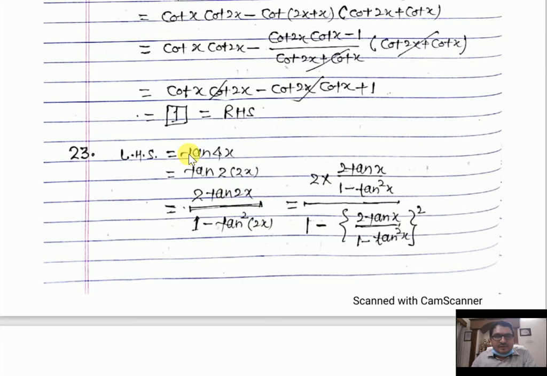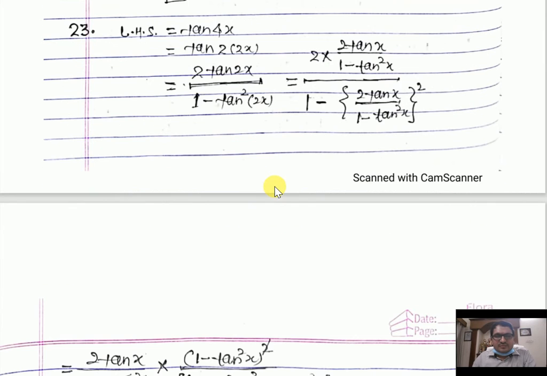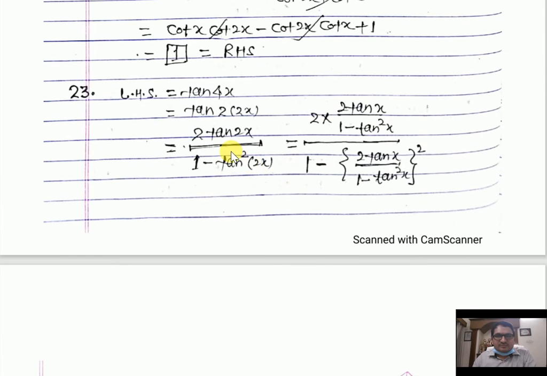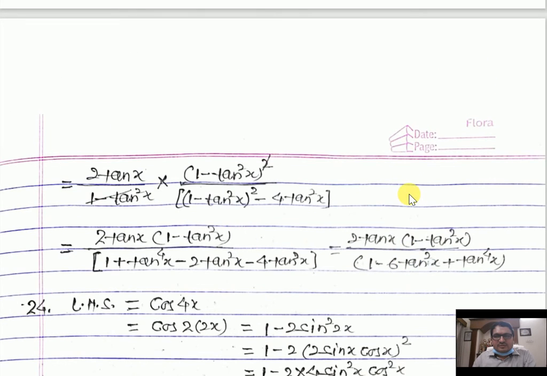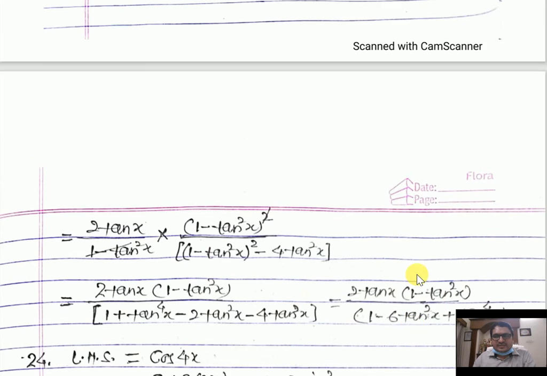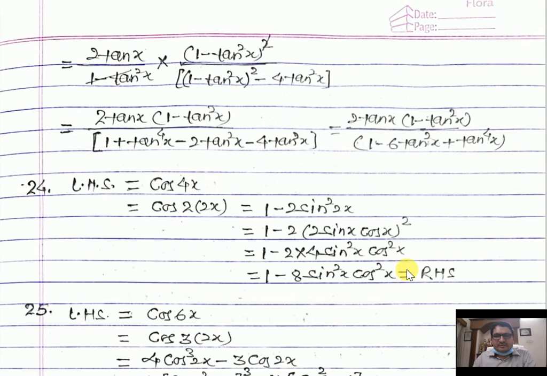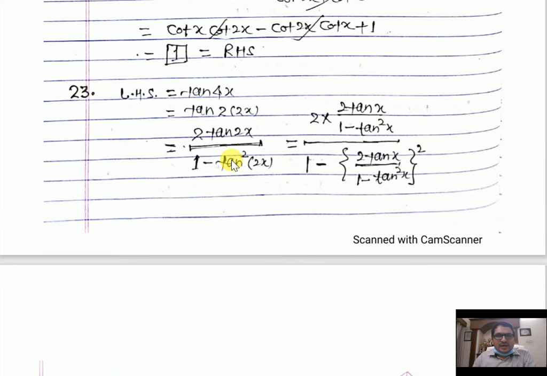Question number 23. The left hand side is given as tan 4x, and we have to prove it equals 2 tan x (1 minus tan square x) upon 1 minus 6 tan square x plus tan raised to the power 4 x.